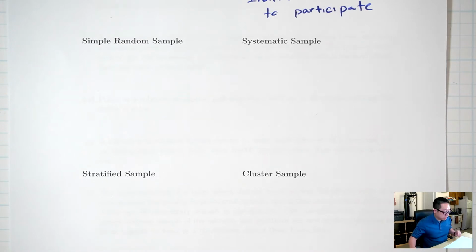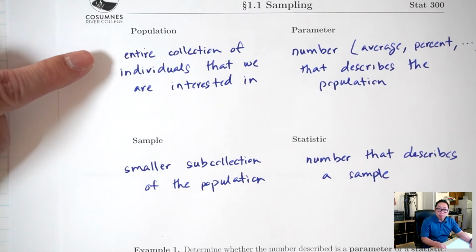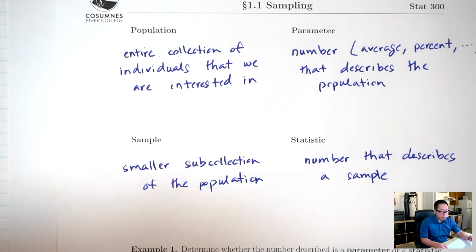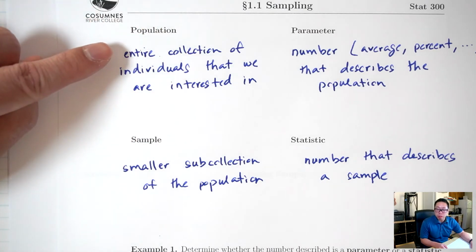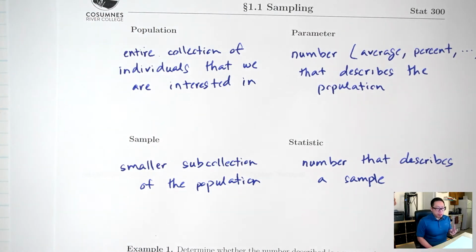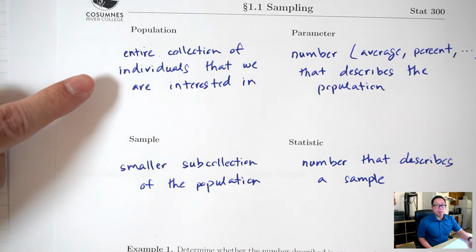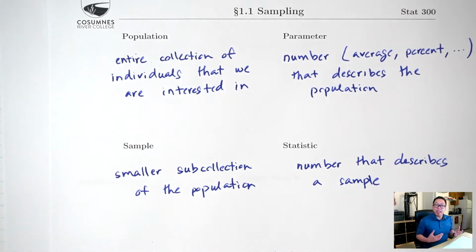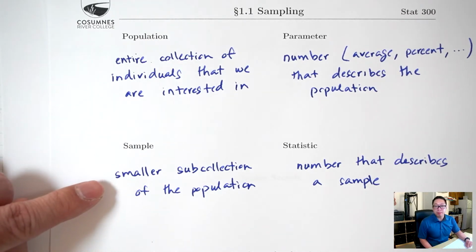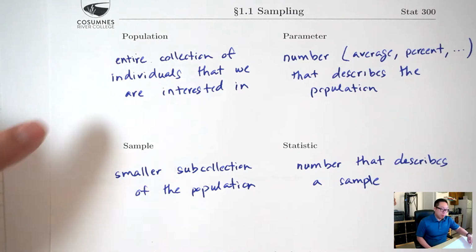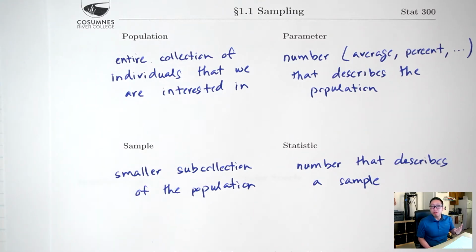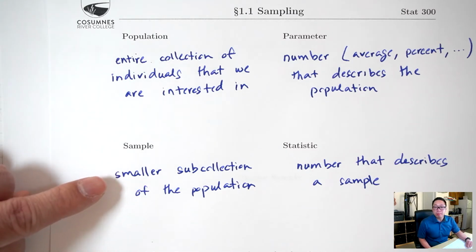Well, that's important because we can't get data from everybody in the population, and because we want our sample to be a good representation of the population, what we want is that everybody in the population has a chance of being in our sample, right? And randomness is kind of the best thing that we have to ensure that everybody in the population has an equal chance of being in the sample.